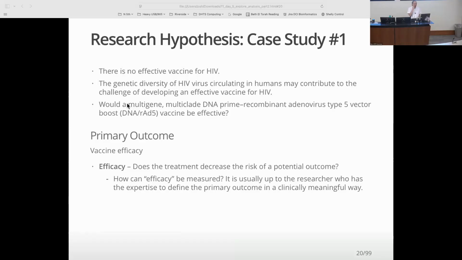I gave the example with the apples, right? My research hypothesis would be that Granny Smith apples are sweeter than Red Delicious apples. And then the null hypothesis would be that I don't have any evidence to support the alternative hypothesis.